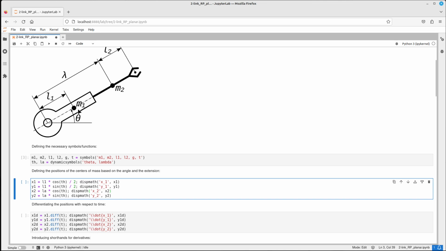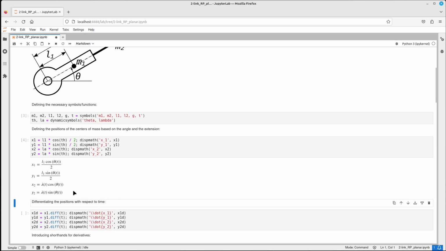So the center of mass by default is located halfway along the length of each link. So here it's similar. We have L1 times sine of theta divided by 2. As for the other one, we have lambda times cosine theta, and y2 is lambda times sine theta. So let's run this, and here you see the results in a nicer form.